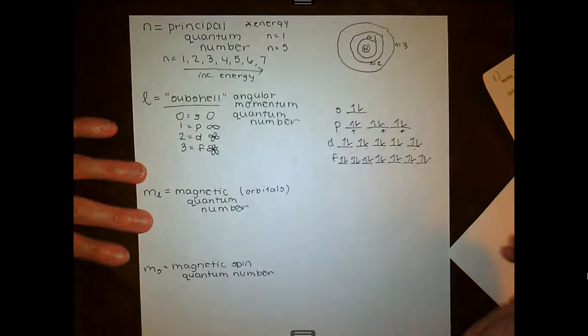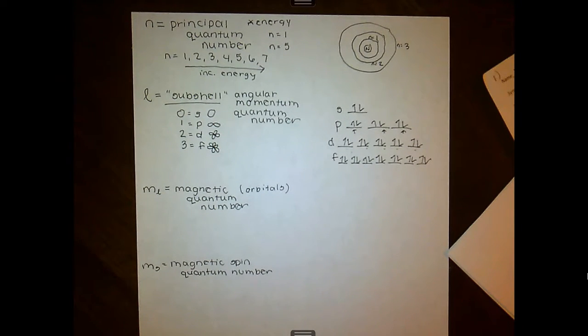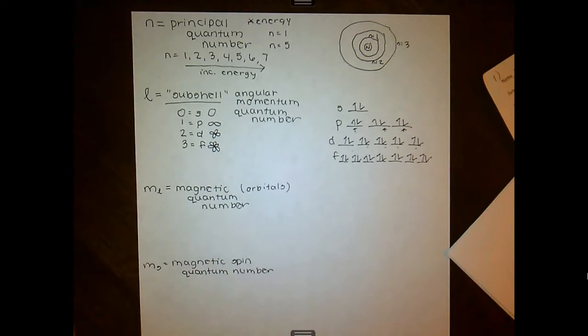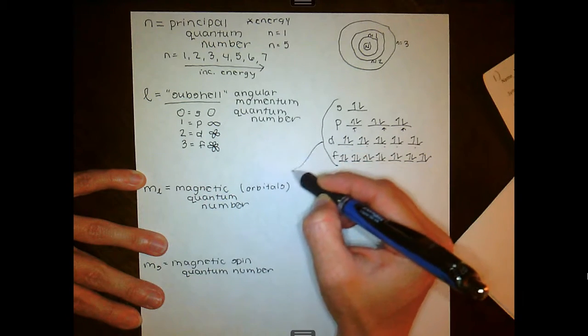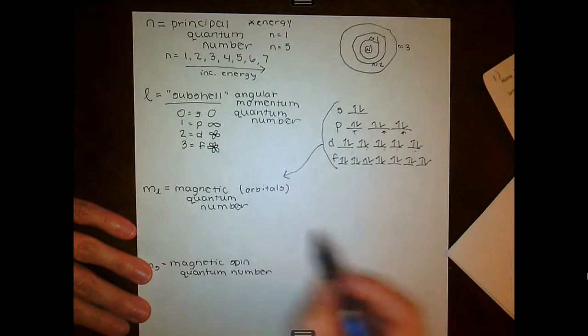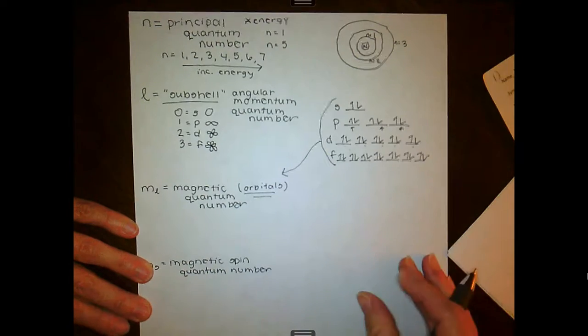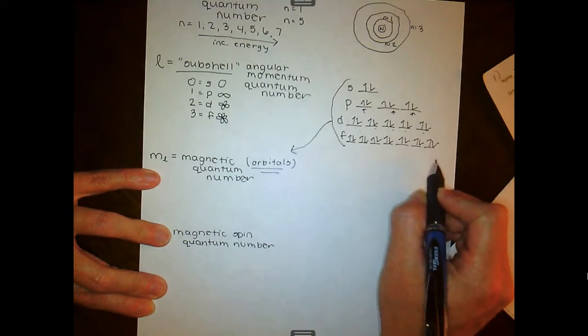At this point, for Honors Chem 1, that's where we stop, at the F sublevel. But understand that there are more sublevels. To understand this in terms of the magnetic quantum number, you have to understand the term orbitals and that each one of those is an orbital.